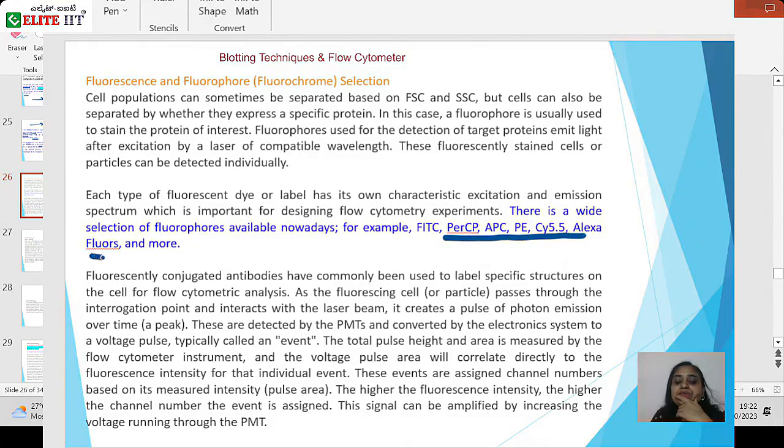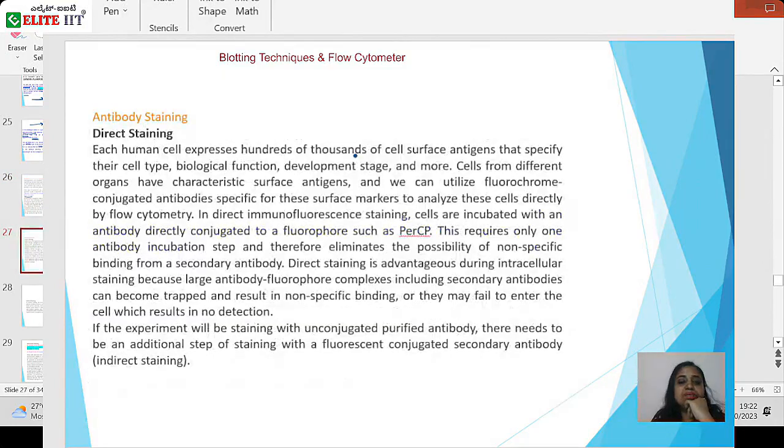What are the fluorophores utilized for this process? Now this staining is done by the fluorophore. Staining may be direct method or indirect method, exactly the same as what you understood about ELISA and western blot. Direct method means you are adding an antibody, and with the antibody a fluorophore is attached.